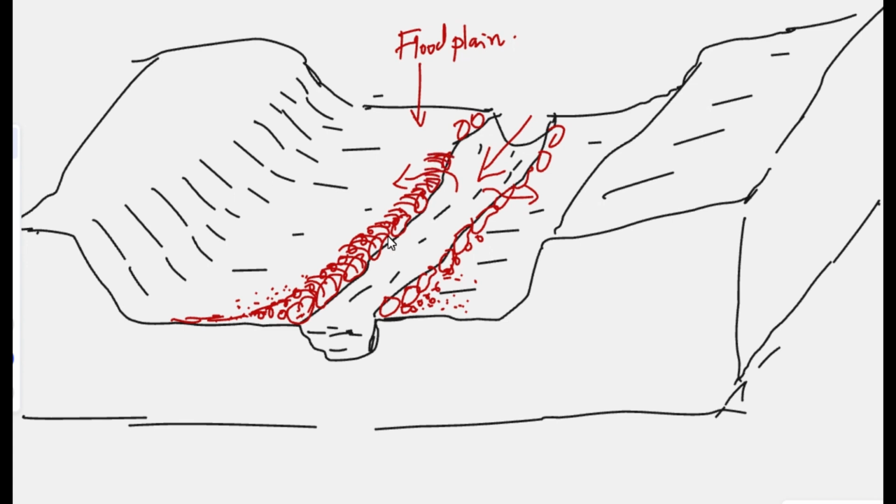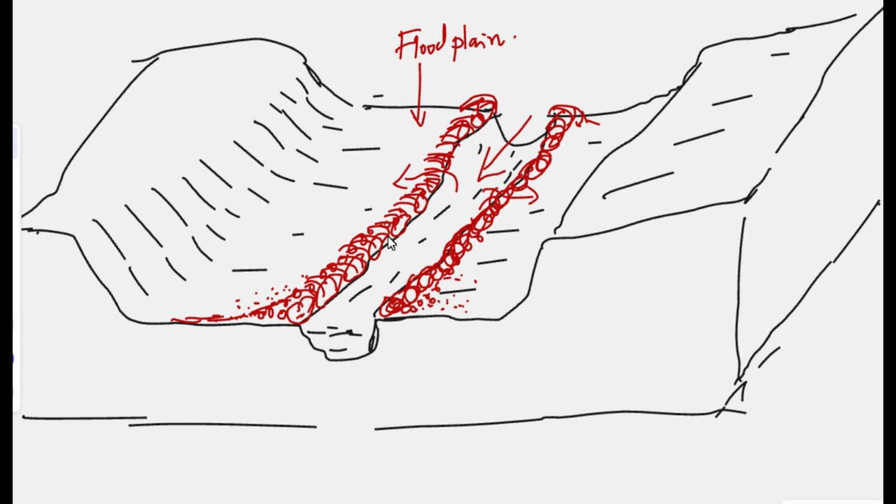the river's channel. For this reason, the area which is next to the river's channel and along the river bank will be raised, and it is forming a ridge of deposits which is raised above the level of the floodplain and above the level of the river water.